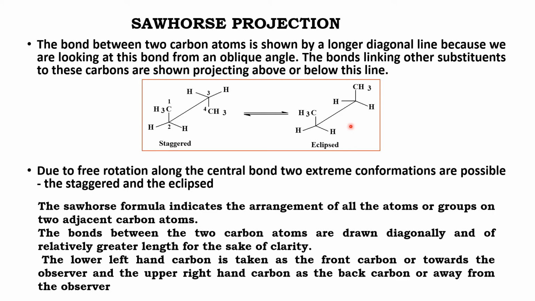But in eclipsed, it is placed exactly on the back of the CH3 group. That means the bonds on the first carbon atom and the bonds on the second carbon atom are on the same plane for eclipsed conformation of a Sawhorse projection formula. While for staggered conformation, the bonds are between the bonds.